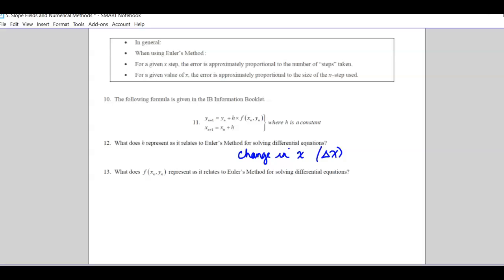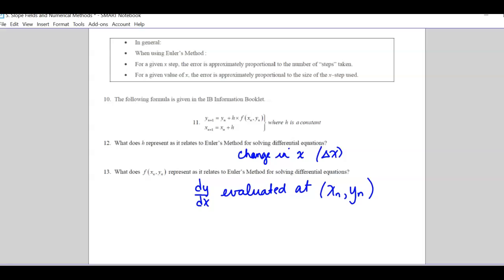And then it says, what does f(x_n, y_n) represent as it relates to Euler's method? That is your dy/dx that you evaluated at points x and y, whatever point that was, your derivative. So we took your y value and added dx times the derivative at that point.